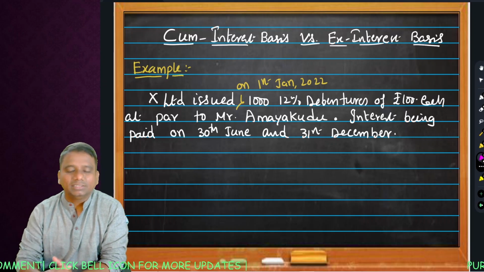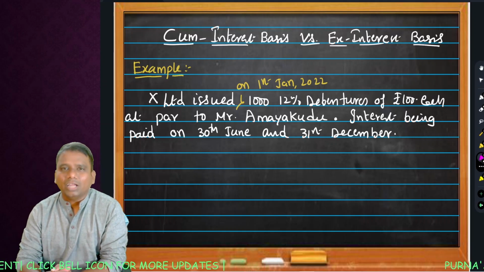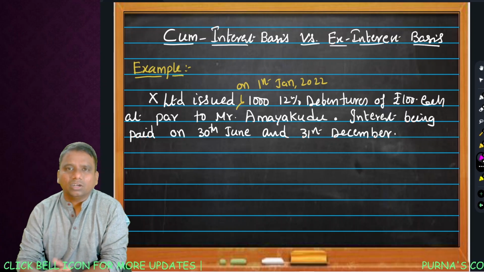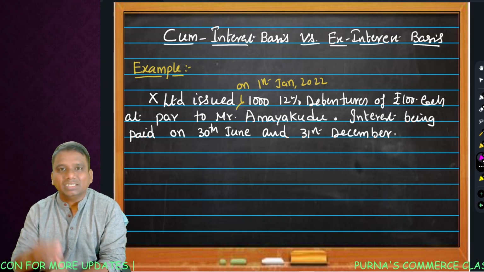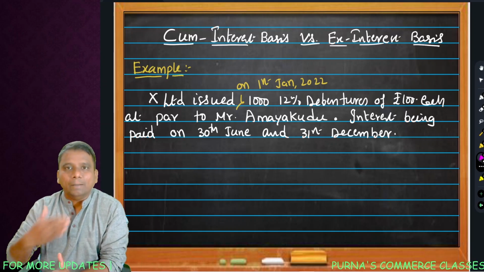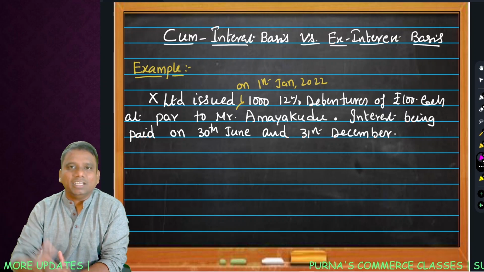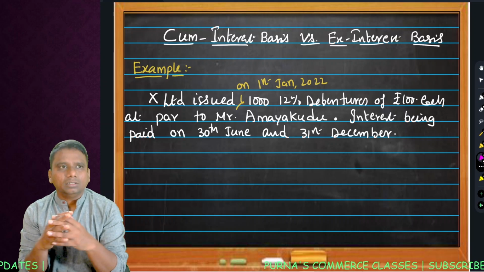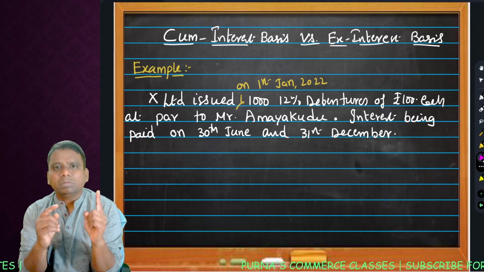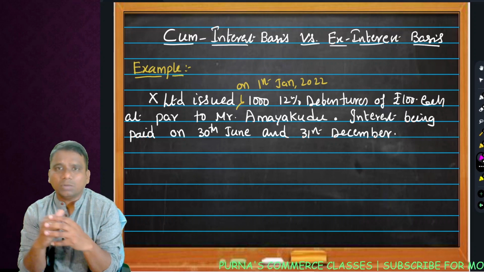While reading this question, I hope you are trying to remember the concept of issue of debentures. This is the example of issue of debentures by the company to the investor, the debenture holders. Now, you know the concept of primary market and secondary market.